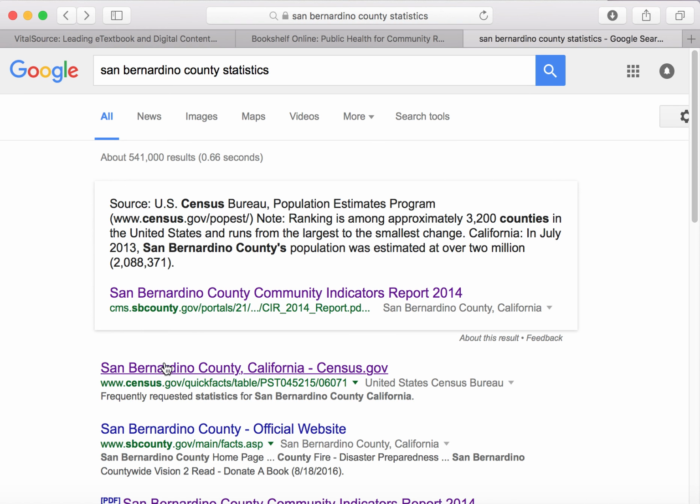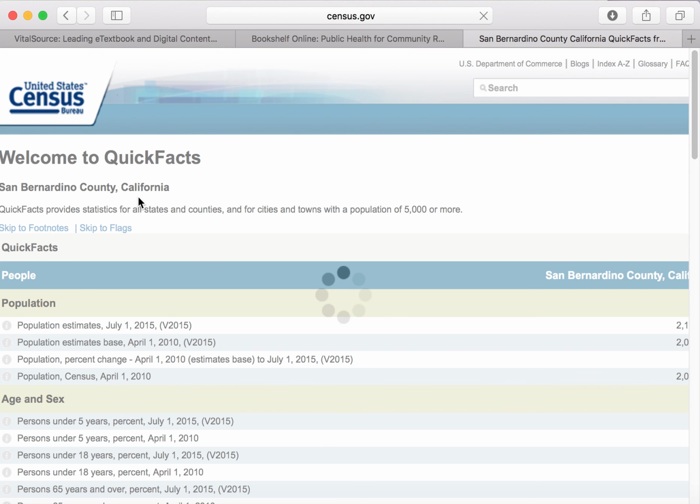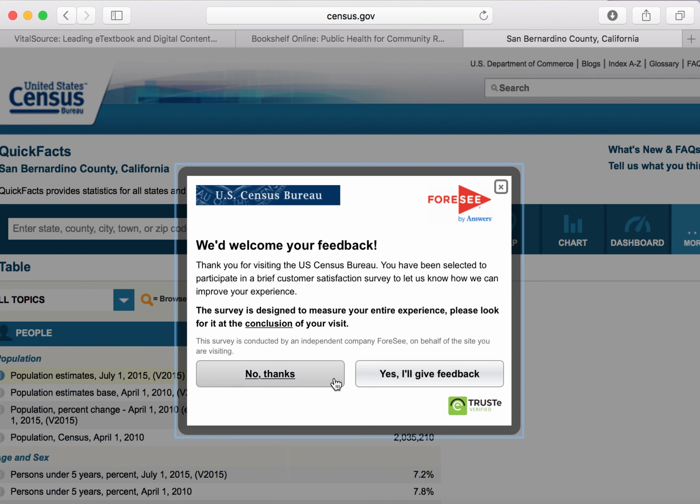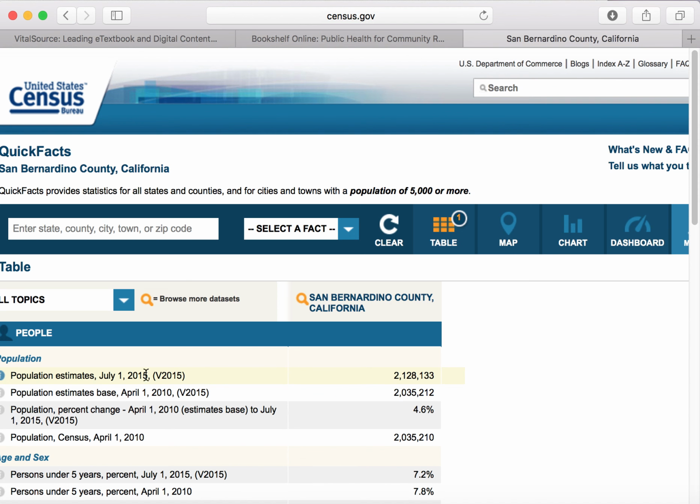In terms of this one, San Bernardino County, California, at census.gov, this is telling us for a specific year the kinds of information that we can find, the population estimates. They do these population estimates mid-year for a particular year, so July 1, 2015, so that hopefully we'll find the average for the entire year.